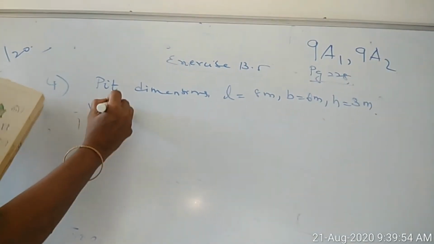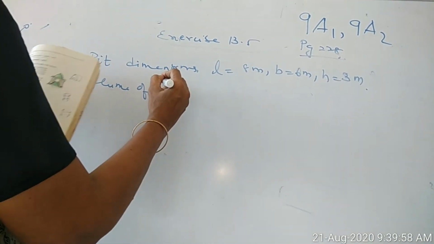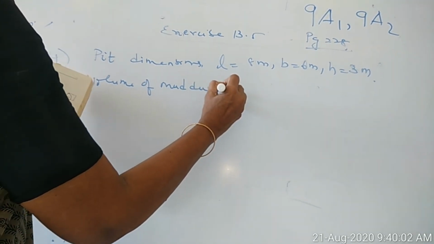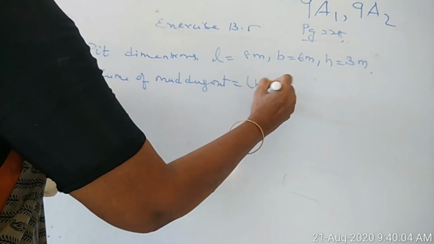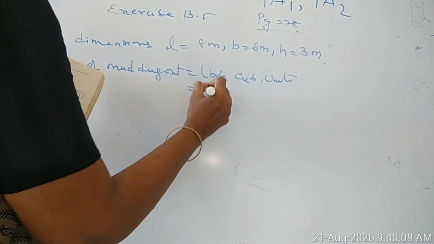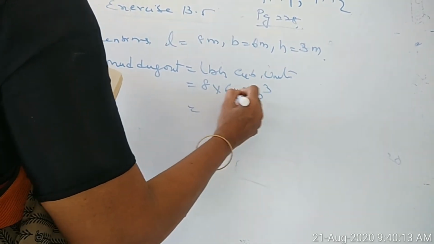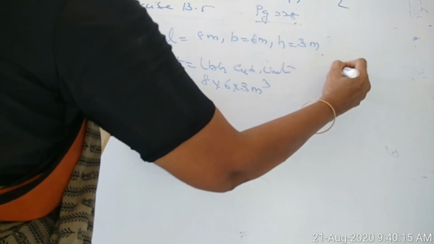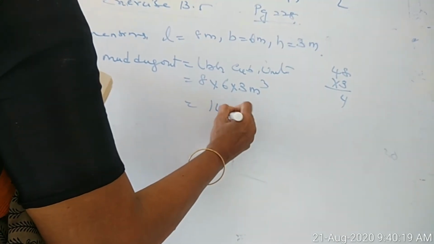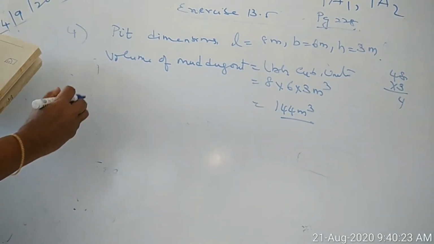Volume of mud dug out is equal to LBH cubic units. 8 into 6 into 3 meters cube. 8 6s are 48 into 3. That is 144 cubic meters is the volume of mud dug out.